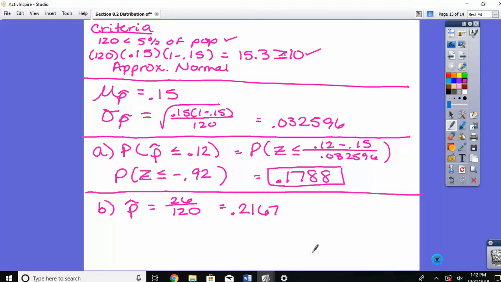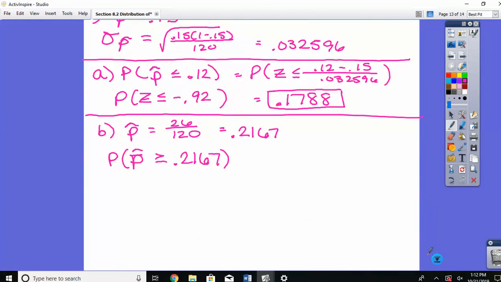So this is higher than the estimate, right? We said our p is just 15%. So if I want to know if this is unusual, let's find the probability that our point estimate is greater than or equal to this. So change it to a z.